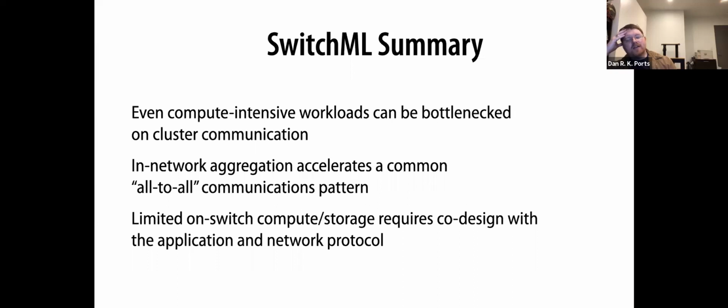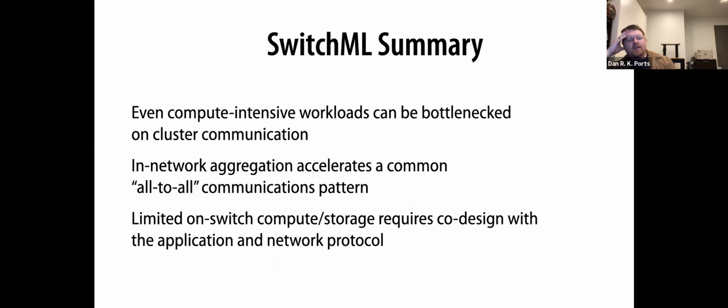That's a possibility, and it's an interesting one. But at the moment, the gap between the switch data plane and the switch control plane, or even other kinds of CPU performance, is just so large that I think that would be extremely difficult.